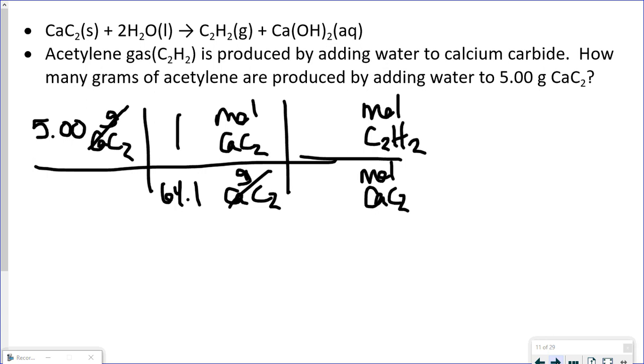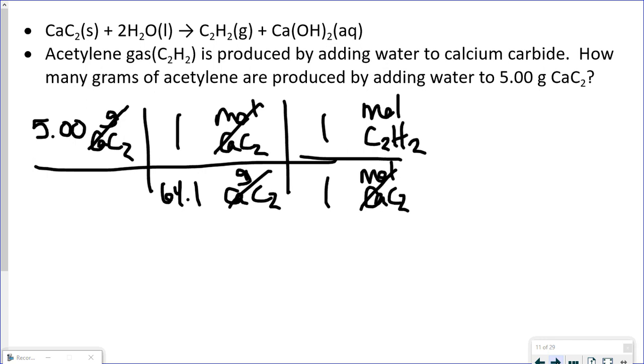This one is balanced overall. There's 1 calcium, 2 carbons, a total of 4 hydrogens, and a total of 2 oxygens. So with our coefficients for acetylene and calcium carbide, they are both 1. That cancels out moles of calcium carbide, leaving us with moles of acetylene.